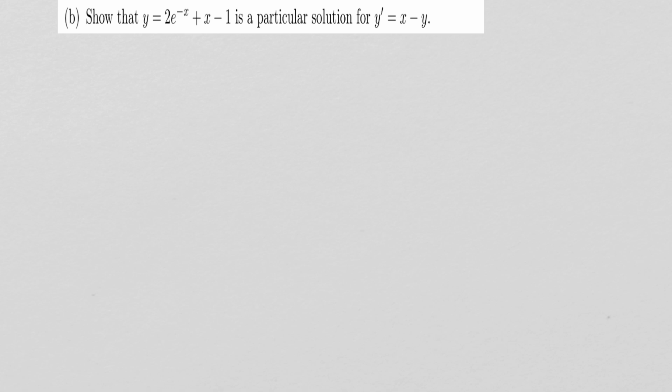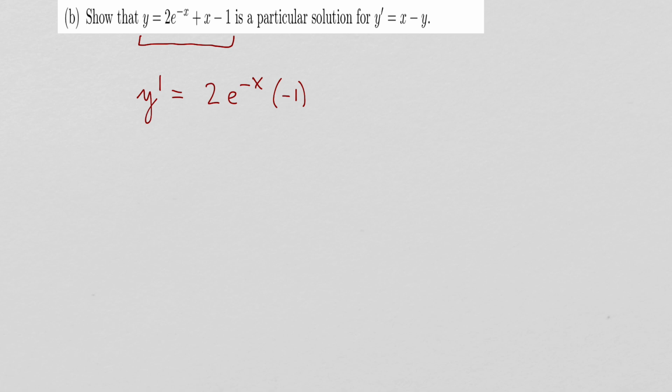In B, our function was y equal to 2 times e to power minus x plus x minus 1. Well, the derivative is 2 times e to power minus x times the derivative of the inner function, which is minus 1.